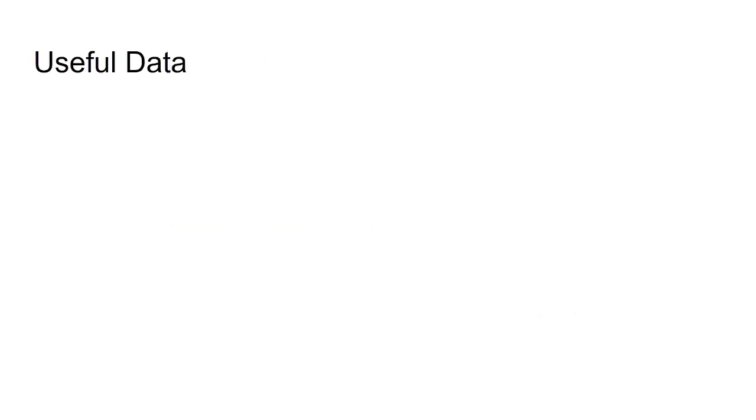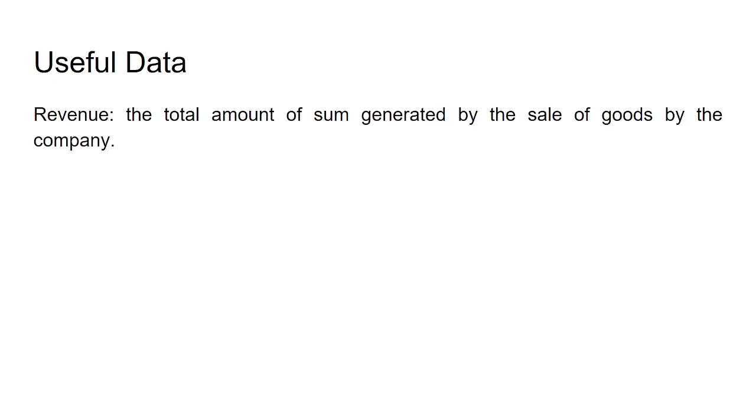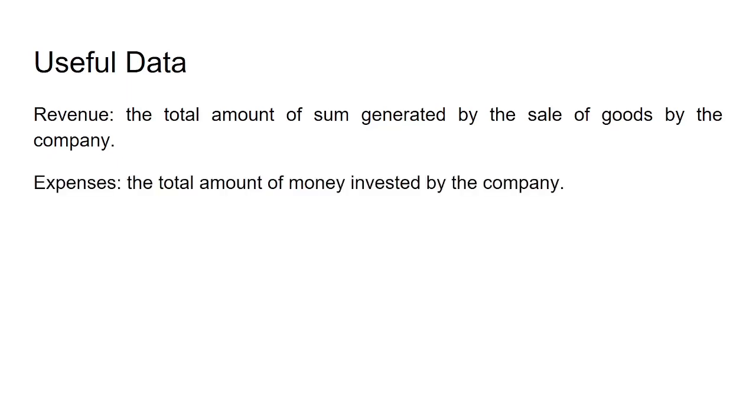To solve this kind of data interpretation question, we should have some basic information like revenue, expenditure, profit and loss. So I will discuss this in brief. First is revenue: the total amount of sum generated by the sale of goods by the company. Expenses: the total amount of money invested by the company.